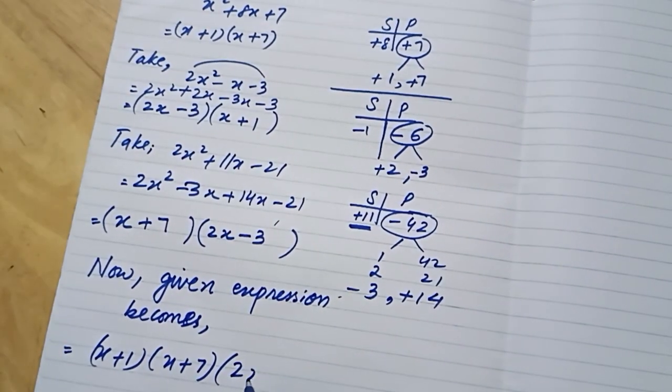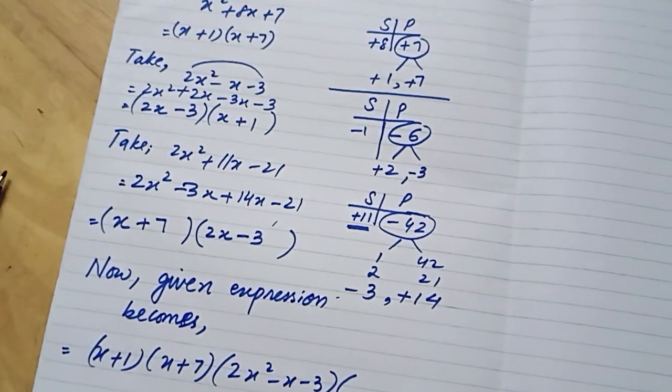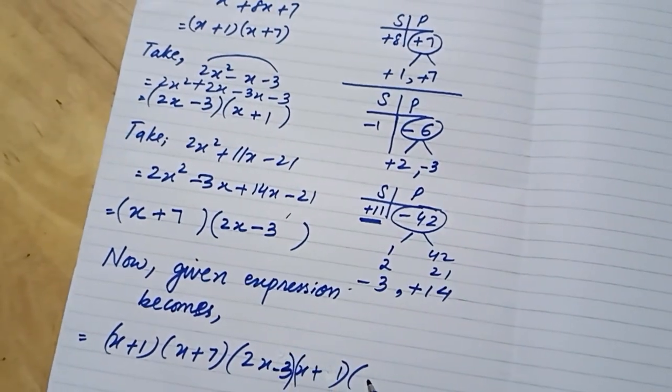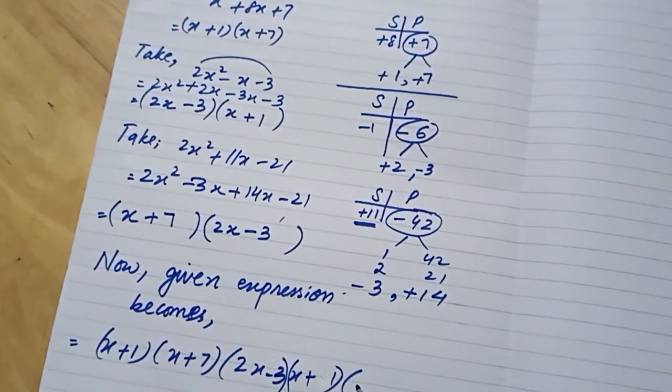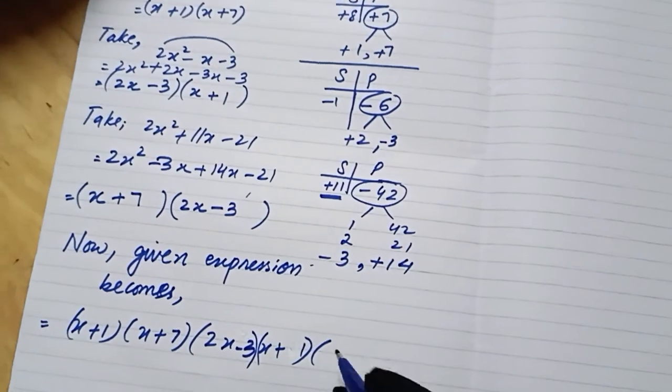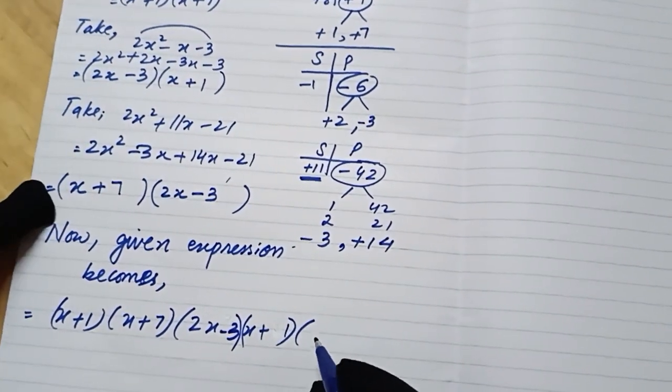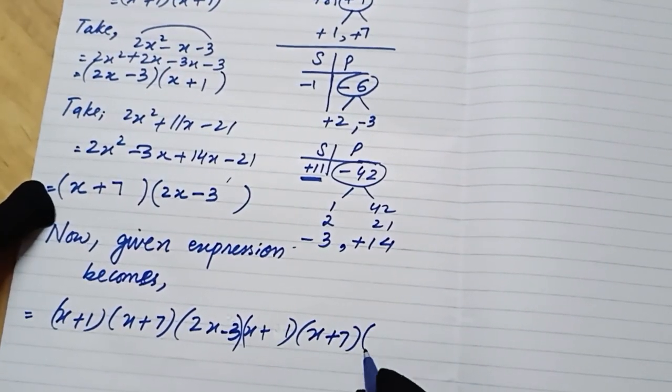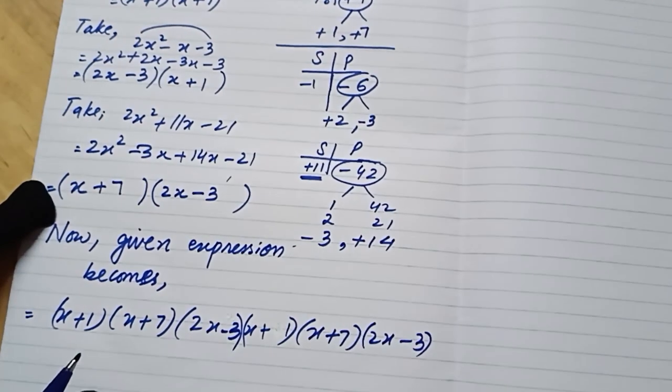Second factorized as 2x minus 3 and 2x minus 3. Sorry, I did not write the complete factor. Let me use the whitener. I forgot to write. I conceal my mistake. And then the last one is x plus 7. So you need to be focused.